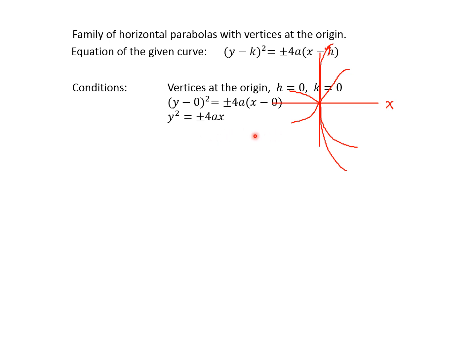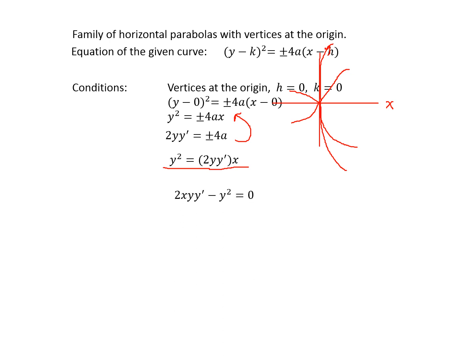There is just one arbitrary constant. Differentiate: 2y times y prime is plus or minus 4a, and you can plug it there. You already know 4a, so you have what? y squared is 2y times y prime times x. You can divide this by y and then simplify.